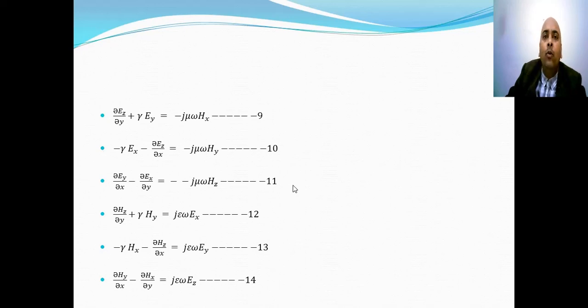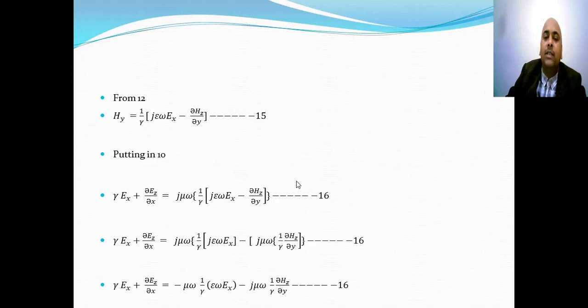In order to find Ex, Ey as well as Hx, Hy in terms of Ez and Hz, we are rearranging the equations.